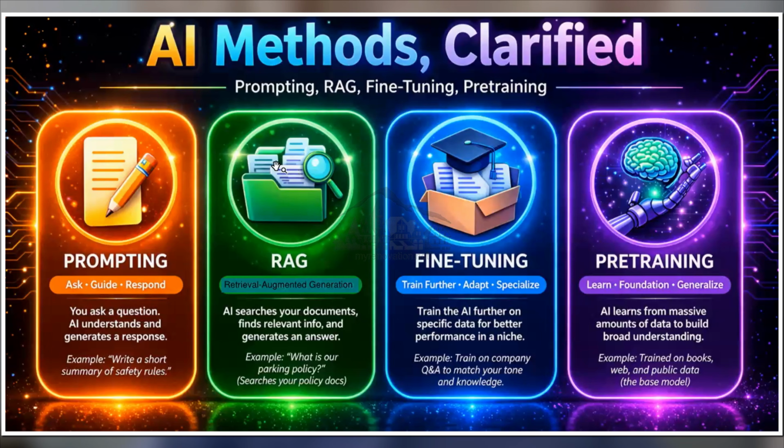In this method, the AI will search your document. You provide a document to the AI, and you ask it to search your document, find relevant information, and generate an answer based on your document.